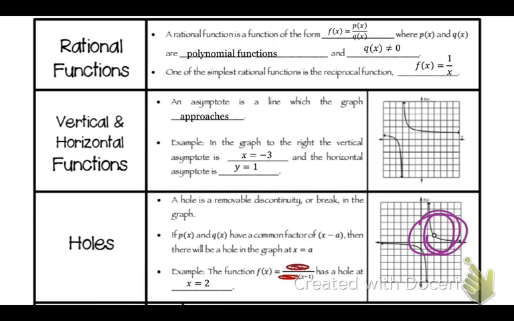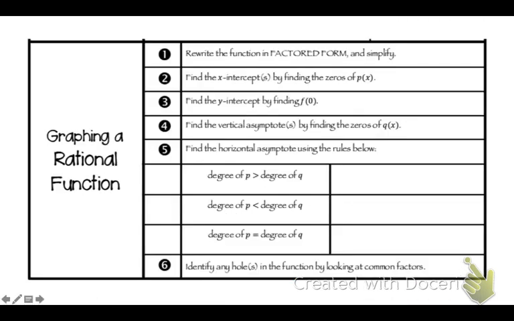We'll get into how to find all this in a second. To graph a rational function, these are steps that you should probably just follow. First you rewrite the function, then you find the x-intercepts, find the y-intercepts, and find the vertical asymptote. You find the x-intercepts by finding the zeros of the top.